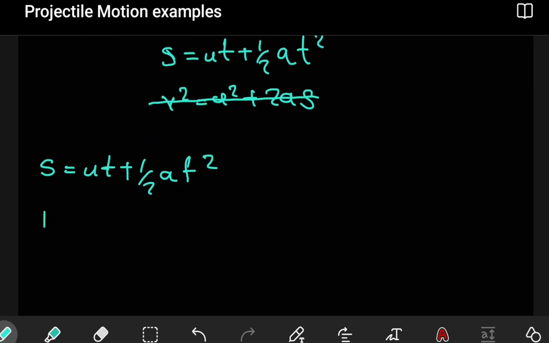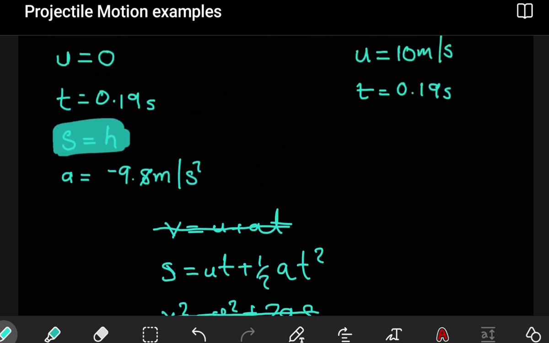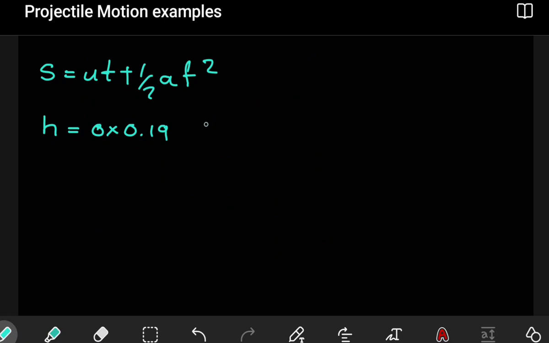So my displacement, which I labeled as h, will equal the initial velocity in the vertical axis, that's 0, multiplying the time 0.19, and then plus half the acceleration, minus 9.8, and then t squared, again 0.19 squared.